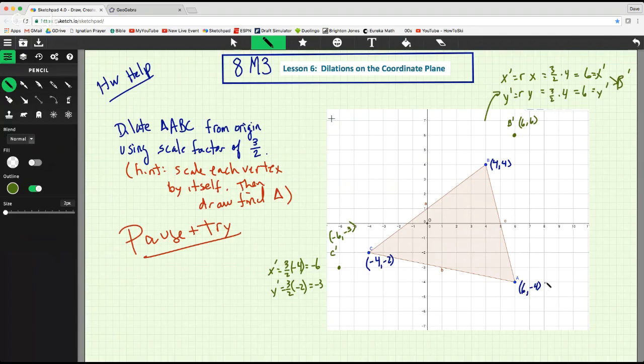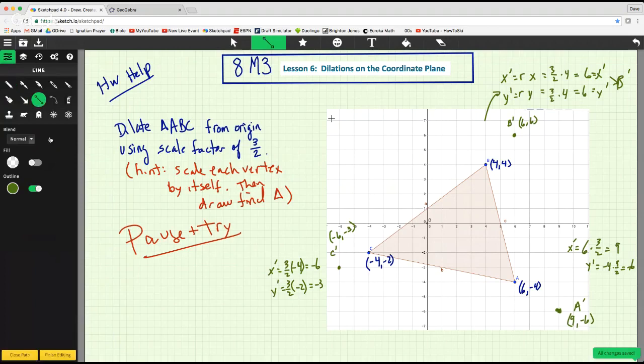Okay, and now our A prime: x prime is 6 times 3/2, which is 9, and our y prime is -4 times 3/2, which is equal to -6. So 9, -6. That's A prime.